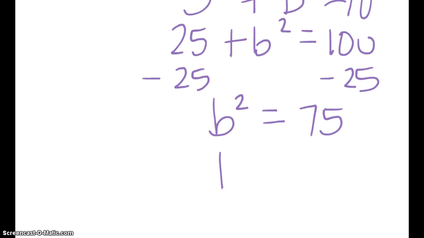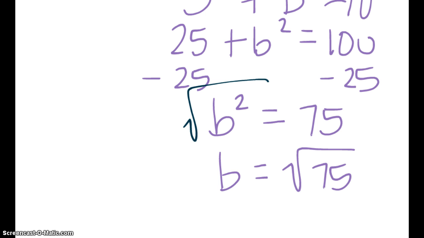Now to find the value of b, we have to take the square root. So really what we're doing is to get b, we have to take the square root. That undoes squaring something. So b is the square root of 75, which we can estimate.